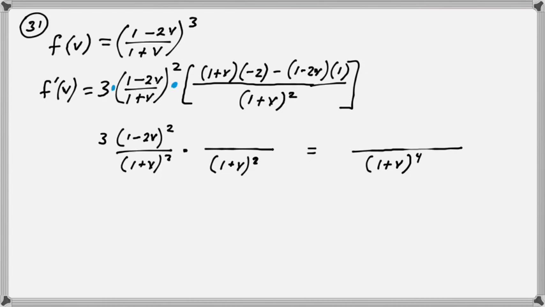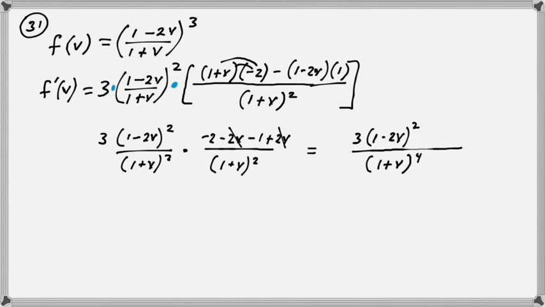So let's clean up the numerator. This would give me negative 2 minus 2v, negative 2 minus 2v. I'll distribute the negative, so it'd be negative 1 plus 2v, negative 1 plus 2v. So it appears that on here you're going to have a 3, a 1 minus 2v, quantity squared.